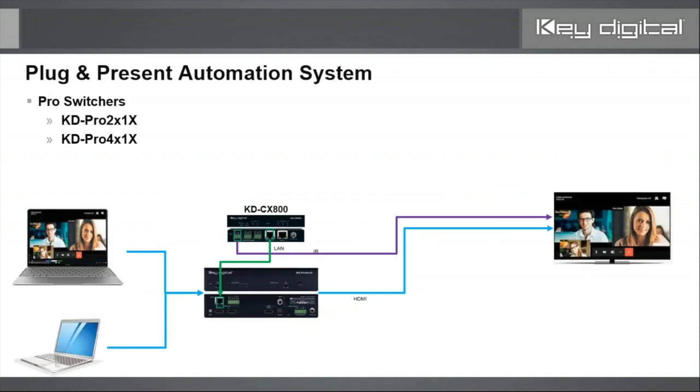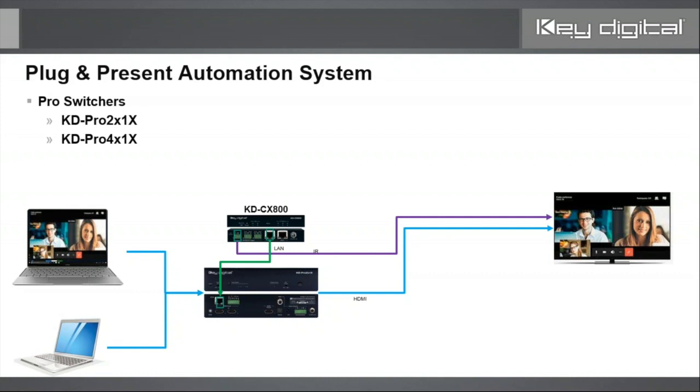Now, of course, you may also be familiar with our Pro switchers, KD-Pro2x1X and 4x1X. These are extremely cost-effective switchers, and you can add the CX800 to create a Plug and Present system with these low-cost switchers as well.